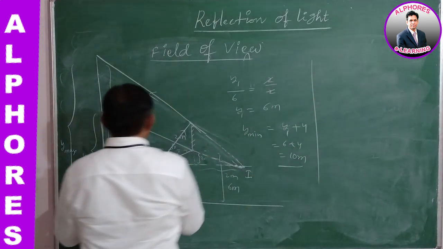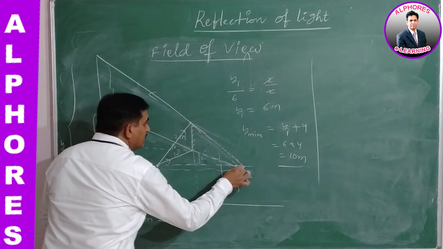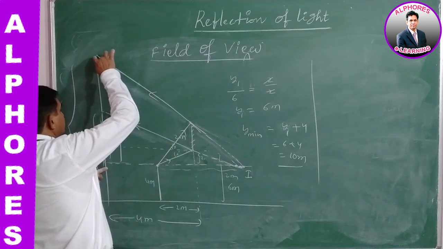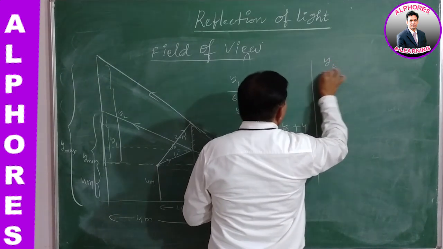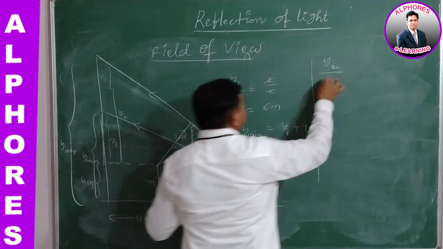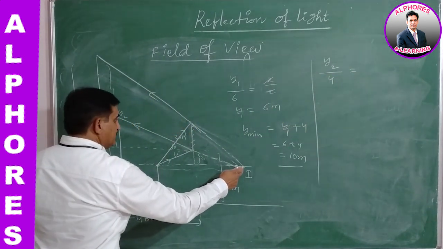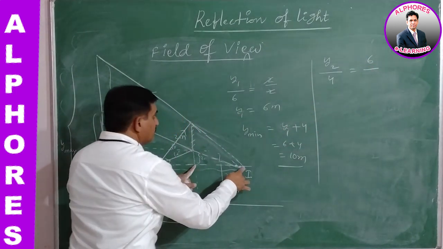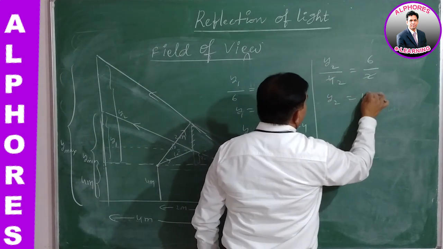Again, this is one triangle and this is another big triangle, and these two are similar. Again, the ratio of their corresponding sides: y2 by 2 and 2, that is 4 meters, is equal to the corresponding 6 by 2. So y2 is equal to 12 meters.